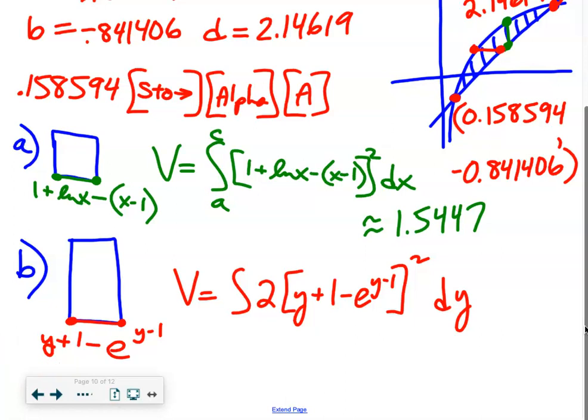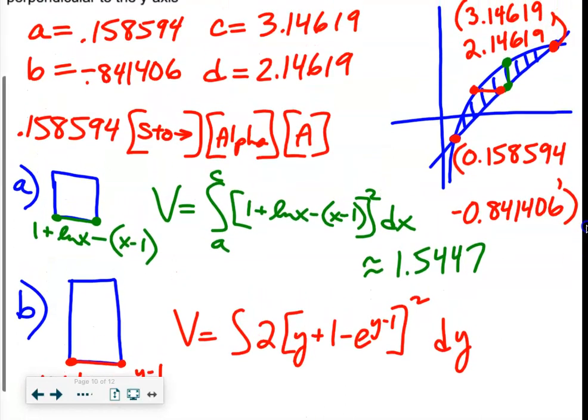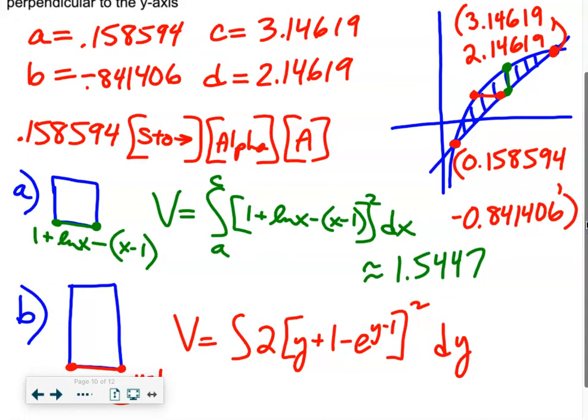Now, look at your picture, look at your letters, tell me the limits from what to what? B to D. We're going from B to D. And just so you know, on your test and the AP exam, as long as you label what letters your numbers are equal to, you can just use letters all the way through.